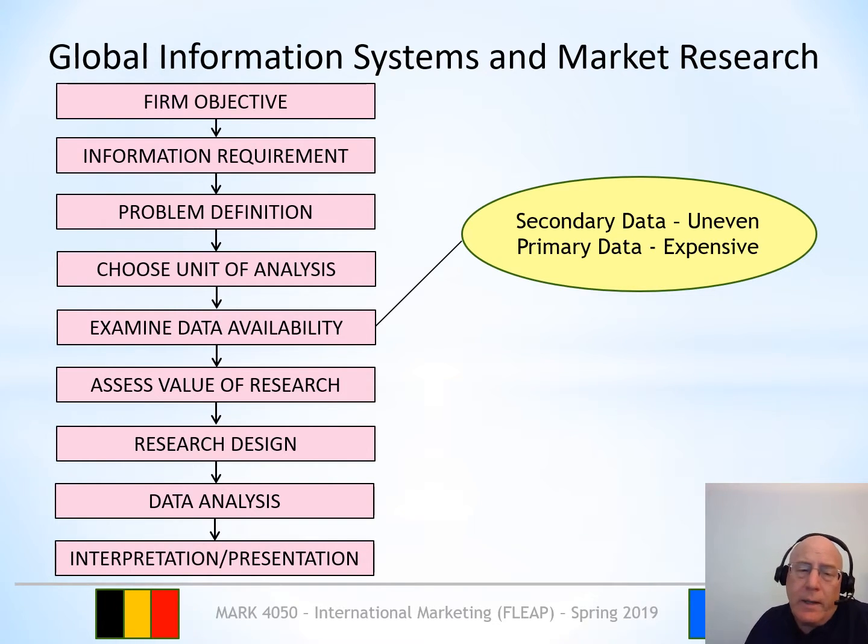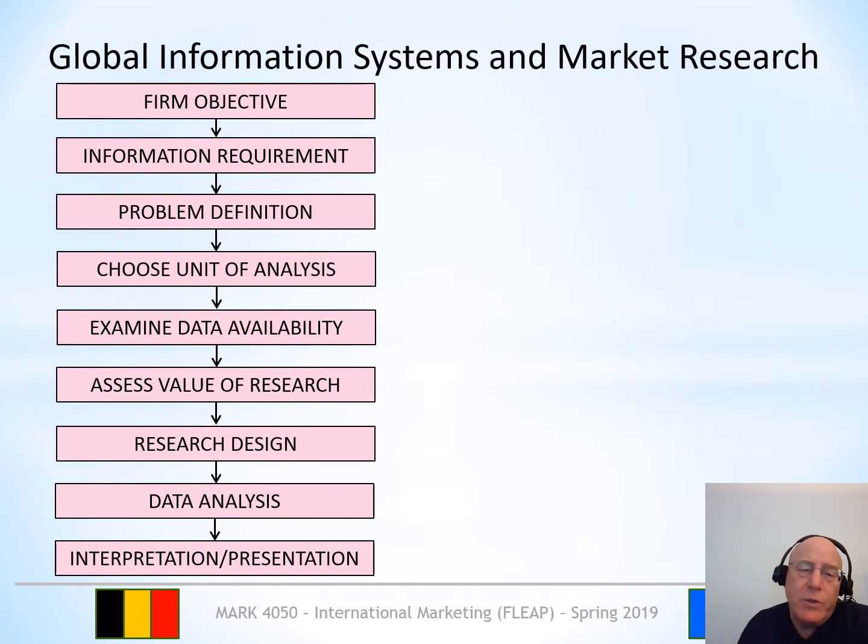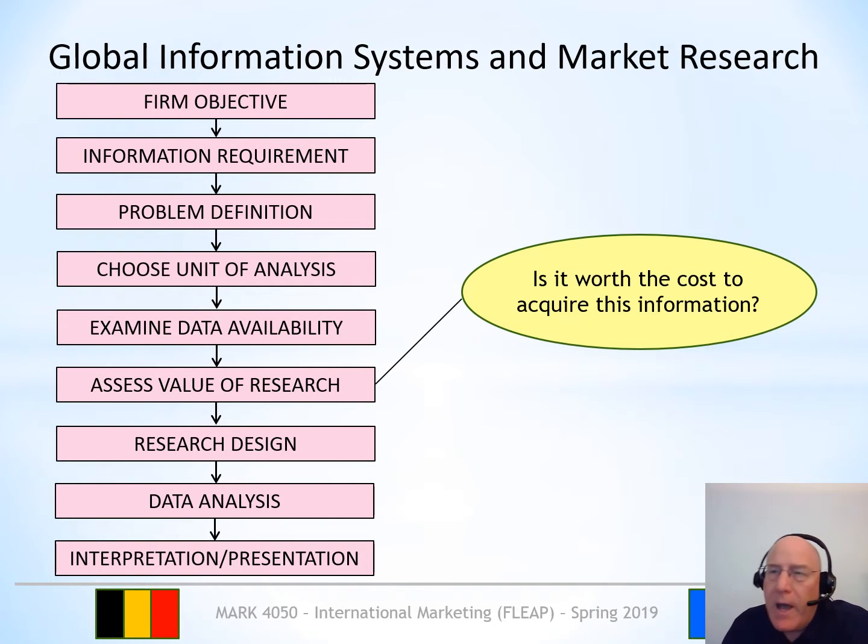And that actually gets into the next point, which is to assess the value of the research. You can use a concept called the value of perfect information. If you imagine a range, so to speak, where on the bottom you have no information and on the top you have perfect information, you're somewhere on that spectrum, and you're trying to decide, okay, what happens if I have better information?